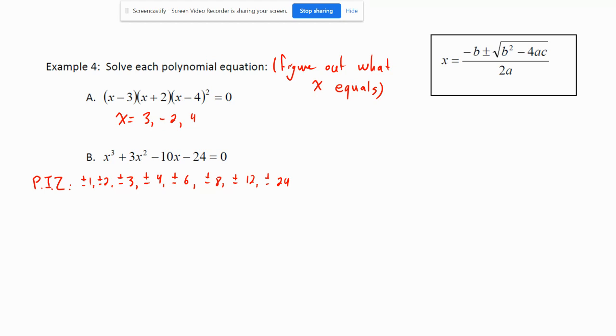So negative 2 works. So p of negative 2 equals 0. Therefore, x plus 2 is a factor. So we're going to get negative 2. I use my synthetic division now to figure out what the other factor is going to be.